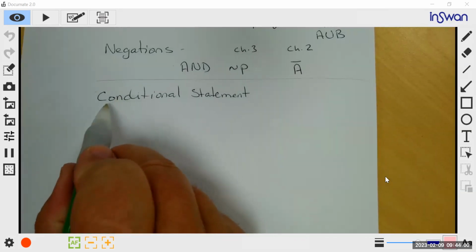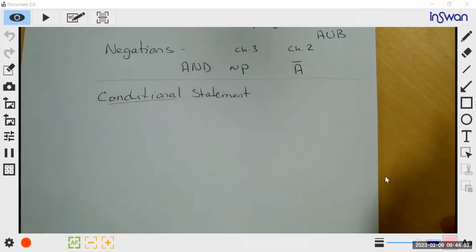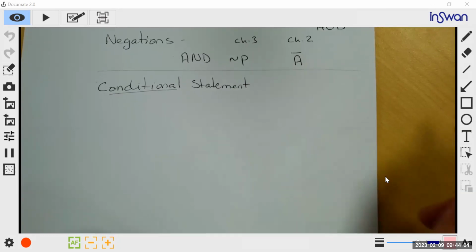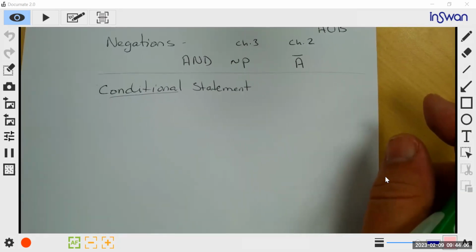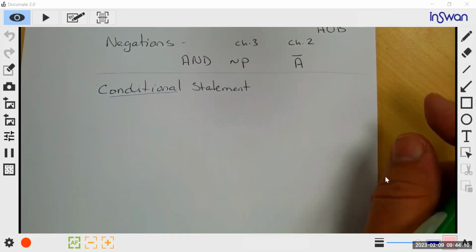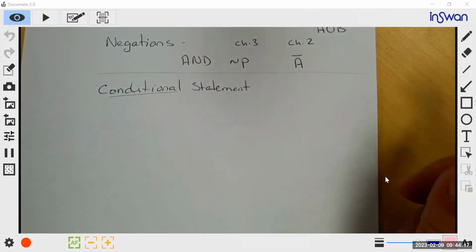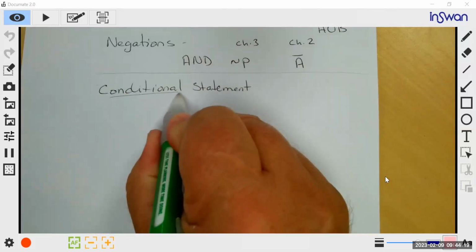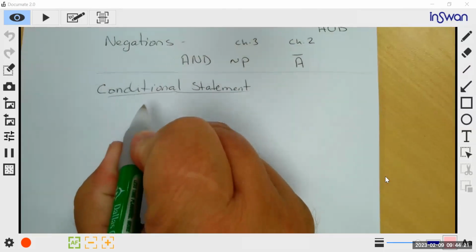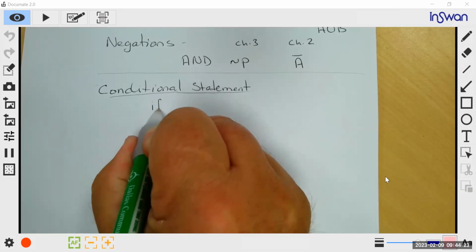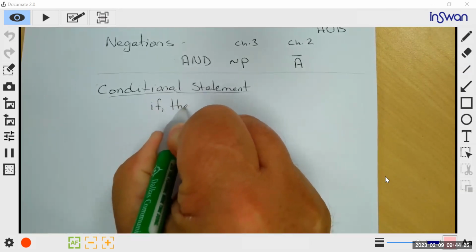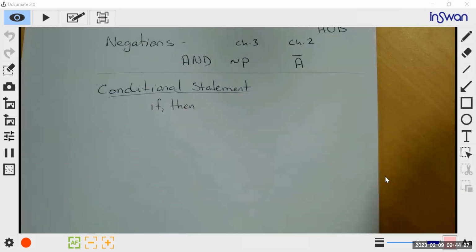What does it mean, conditional statement? Give me an example of a conditional statement. It's an if-then statement.